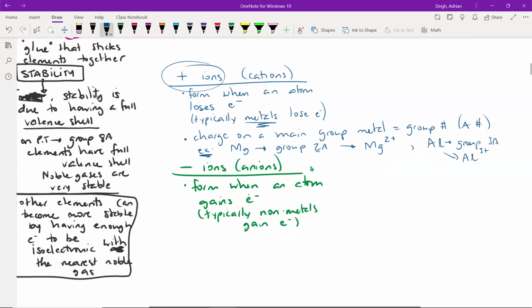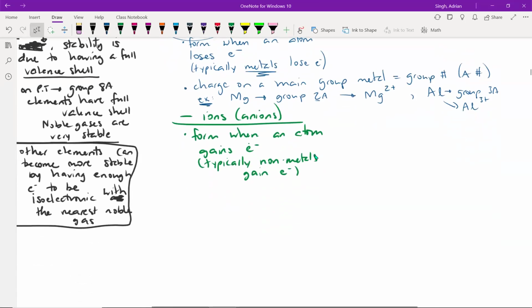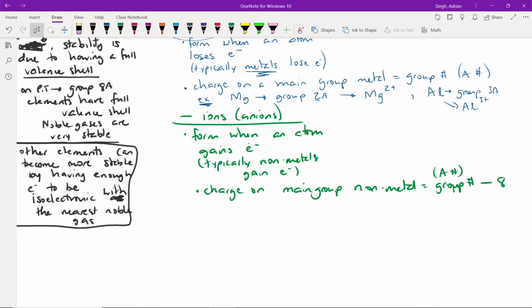We can do something similar for our anions, our nonmetals. When they form ions, anions, the charge on the main group nonmetal is slightly different, but it's still a fairly straightforward case. It's equal to the group number, and again, this is the A number, minus 8.